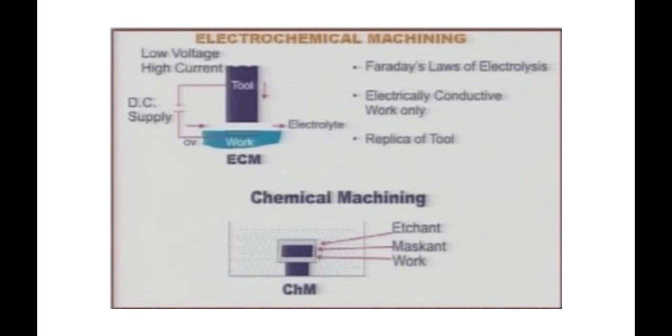Once you immerse it for a definite period of time, the material starts dissolving chemically, and after a certain period of time you take out the workpiece, and you will find the desired shape and size on the component. Okay, so this is the basic principle of chemical machining.